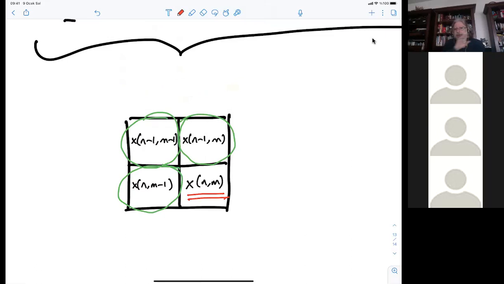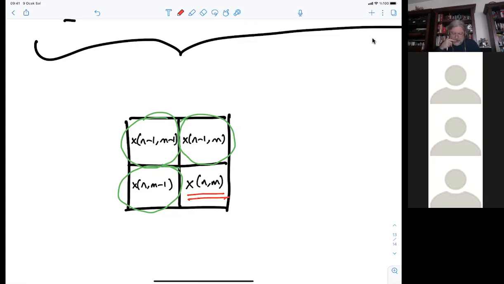I finish one line, then go to the line below, and continue like this. So in a raster scan order, while x of n m is being processed, all the rows at the top are past samples, and everything to the left along the same row is also a past sample, again because I'm scanning in raster scan order from left to right.